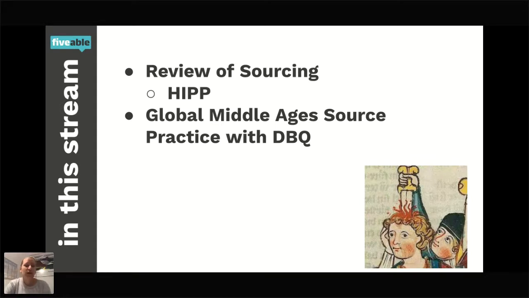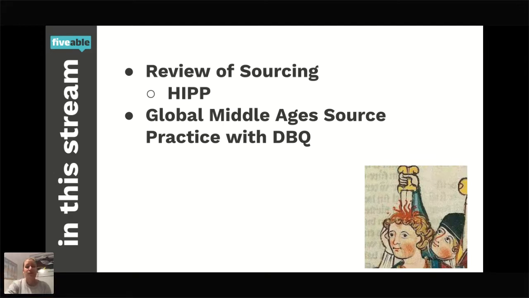Now, when we look at a document-based question essay, you're given a rubric. And the rubric is how the AP readers will score your essay. And on the rubric, one of the points is working with the documents and their sourcing. And when it shows that in the rubric, it even says you have to use examples such as historical situation, audience, purpose, or point of view.